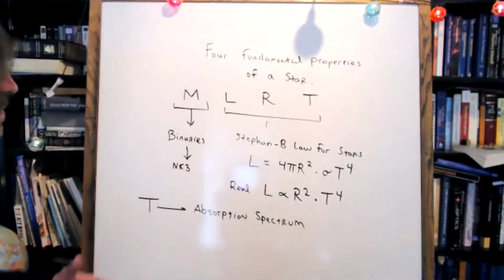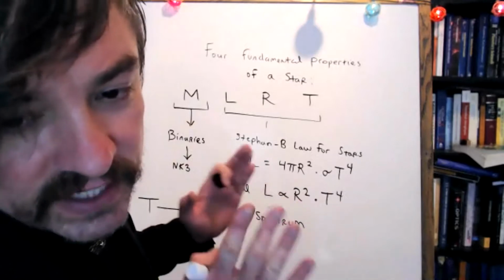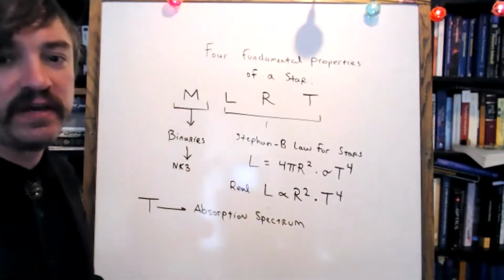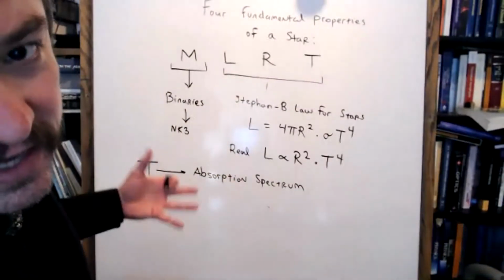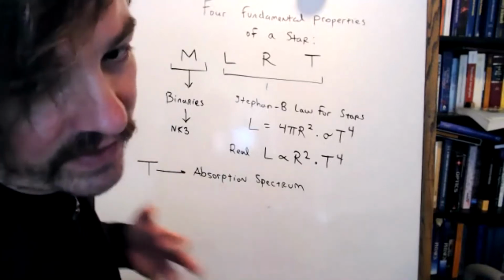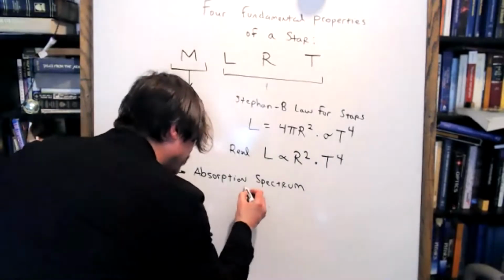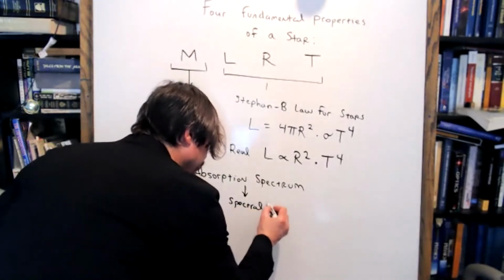And the absorption spectrum lets us categorize them into a number of different spectral types. If you remember the Harvard computers, I think that's a funny and interesting story. The story of the Harvard computers in learning to classify the absorption spectrum is how an astronomer determines a star's spectral type.